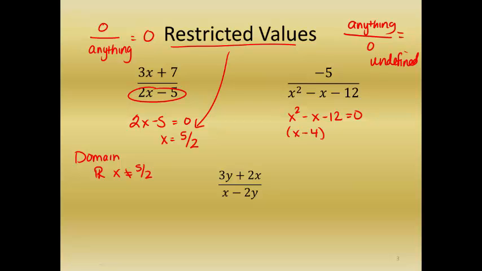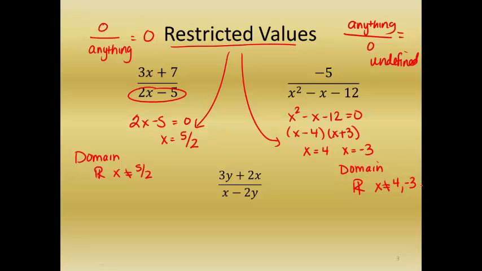This one is actually very easily factored, so I'm going to use the zero product property. So x equals 4 and x equals negative 3 are the restricted values. If I ask you about the domain, you would write all real numbers, but x cannot equal 4, negative 3. Or negative 3, 4, because I'm just stating a list of values that x cannot equal.